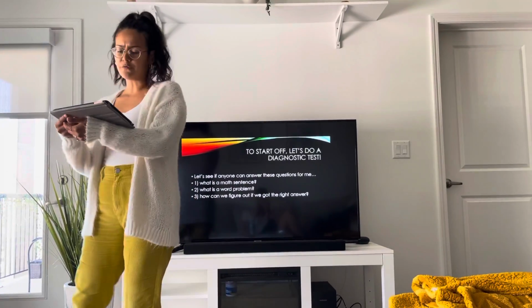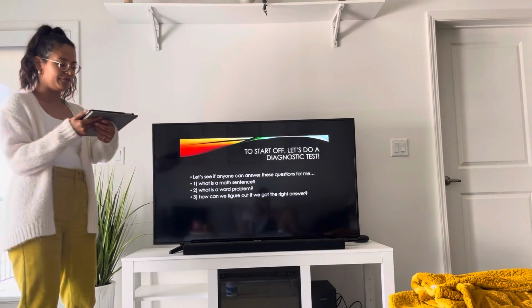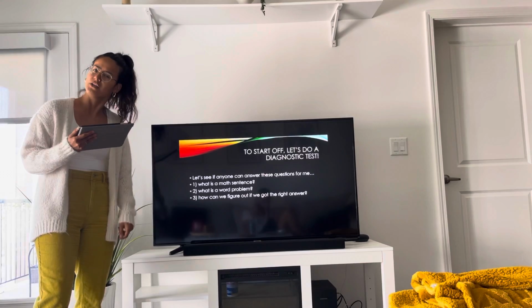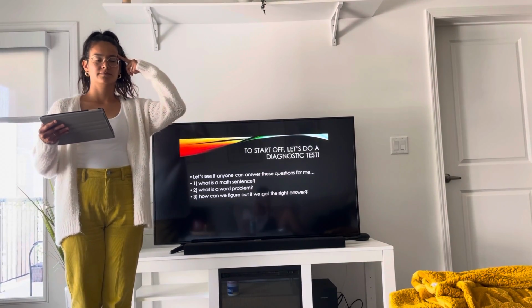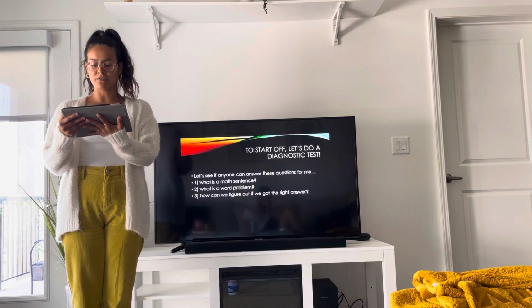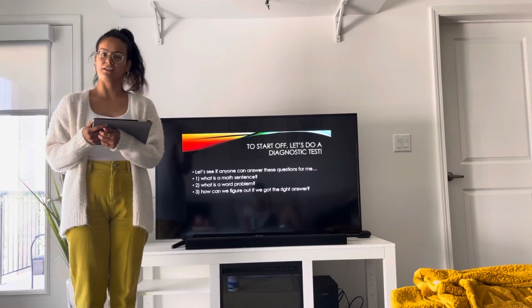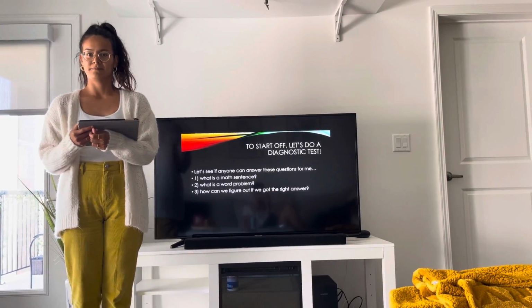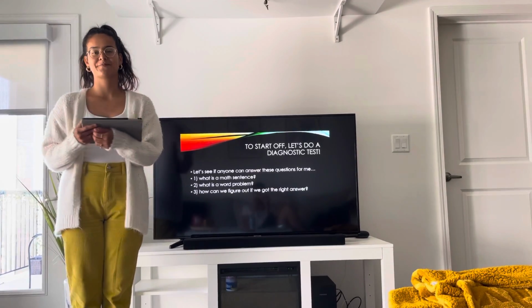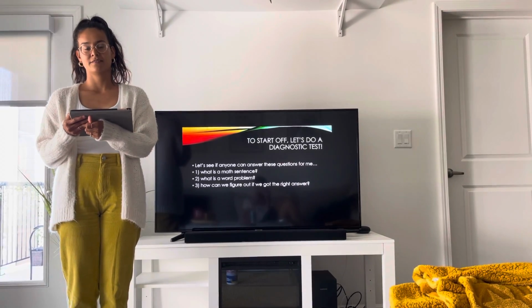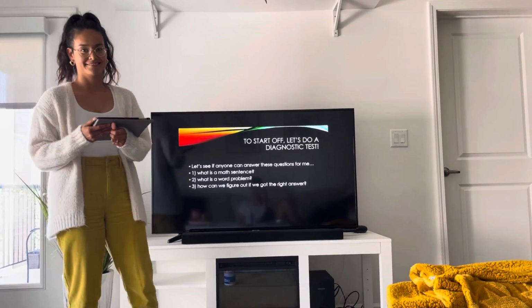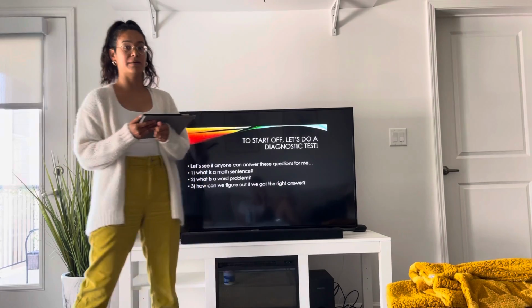And so if we look at 3, how can we figure out if we got the right answer? Think. How can we figure out if we got the right answer? Yes? We check it with the manipulatives.